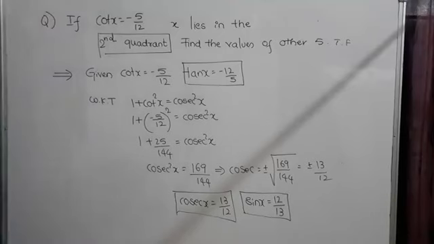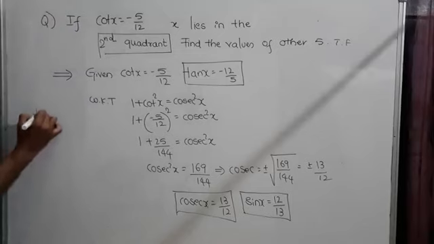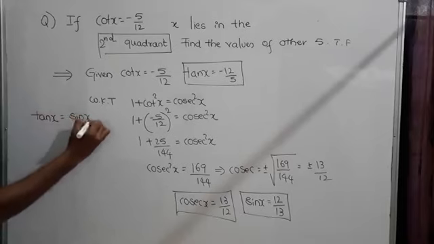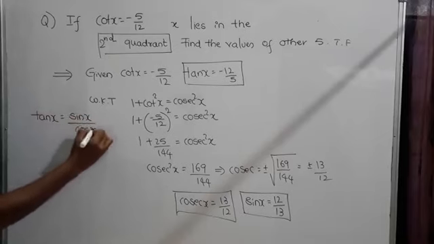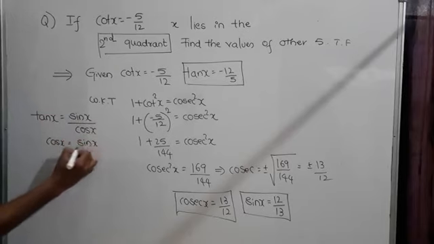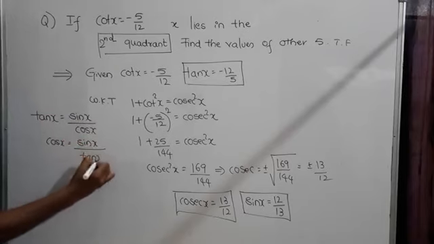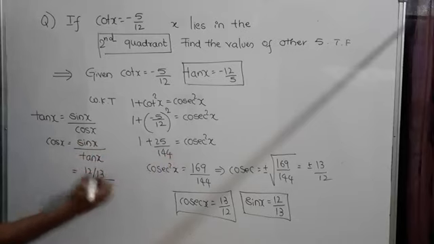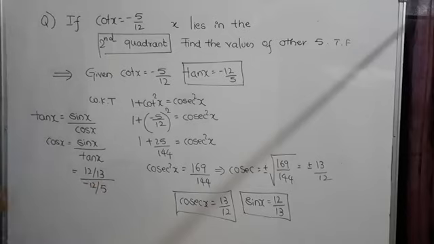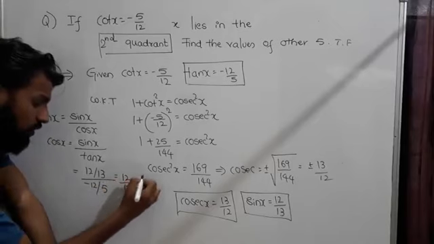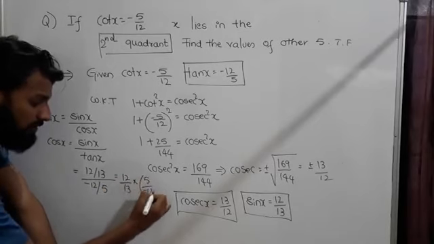It's very easy, right? We'll use the formula, that is tan x equal to sin x upon cos x. And what we want is cos x, right? So cos x is equal to sin x upon tan x. What is sin x? Just now we found out 12 upon 13. What is tan x? Minus 12 upon 5. So this will be 12 by 13 into 5 by minus 12.